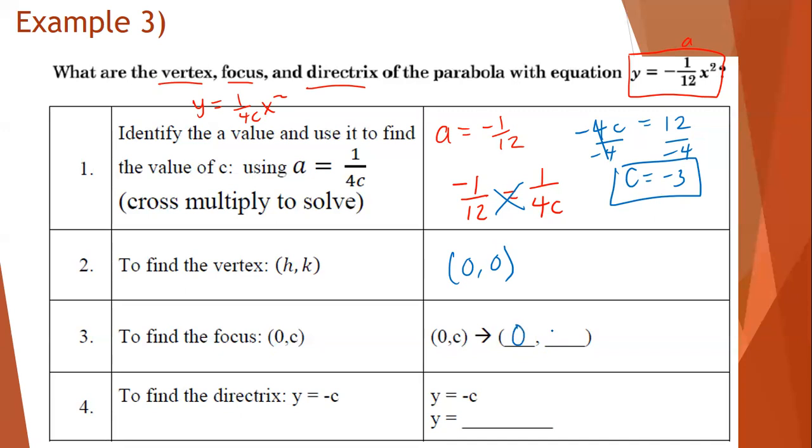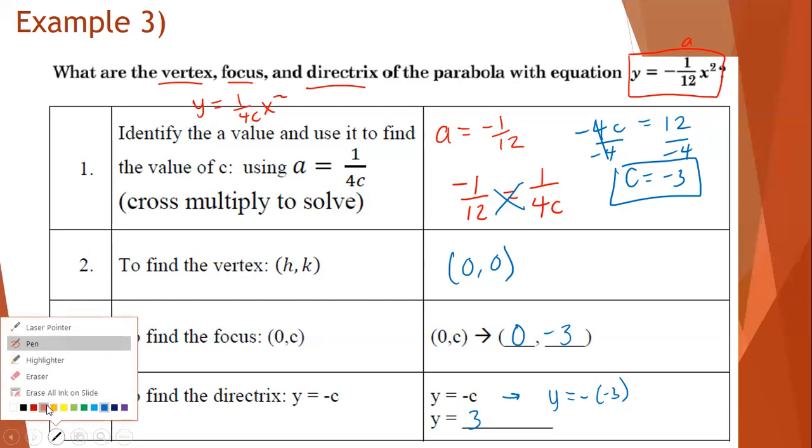So our focus is 0, comma, -3. And your directrix, the line that is perpendicular to your axis of symmetry, equals y equals -c. Well, my C is -3. So we have y equals negative 3, and a negative times a negative is a positive. So our directrix is y equals 3.